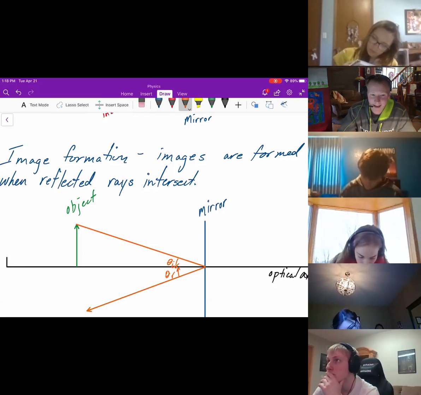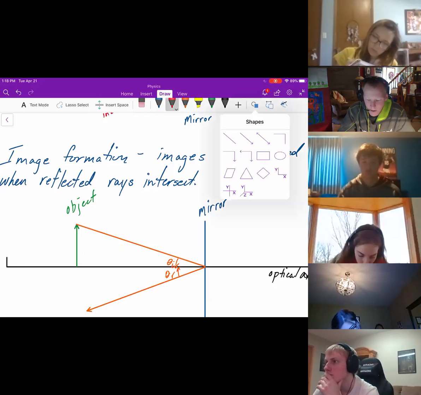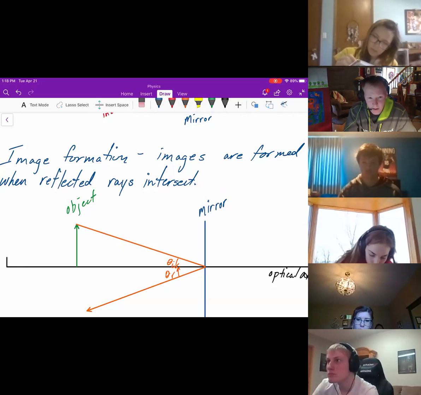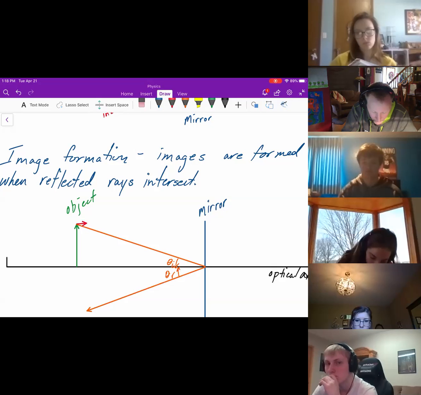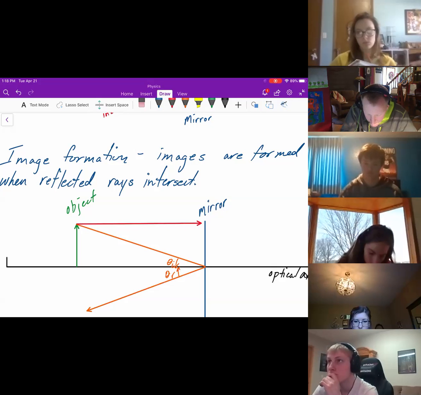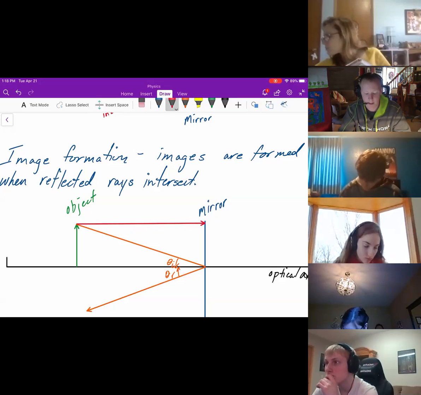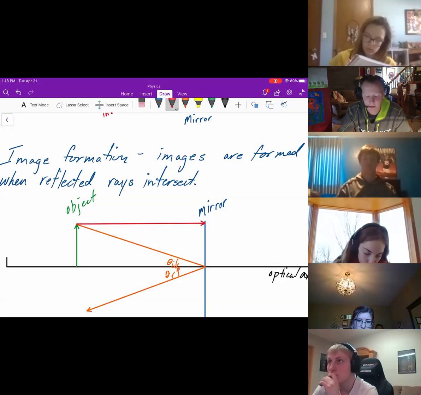Now I could draw any other rays from this and just see where these reflect. So I'm going to do a couple of different ones. I'm going to do one pretty easy one, going straight from the top of my object to the mirror. Okay, so let's imagine that that is perfectly parallel to the optical axis.